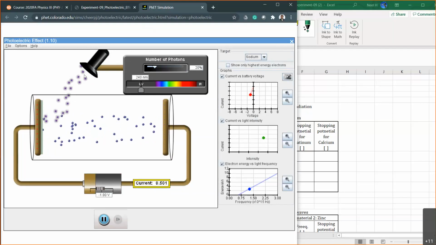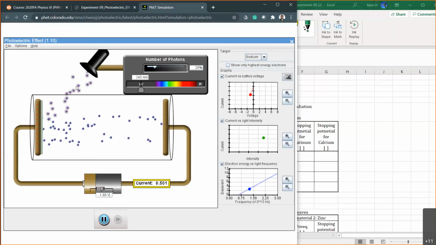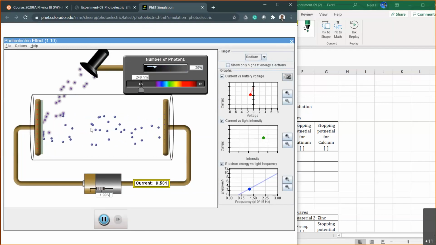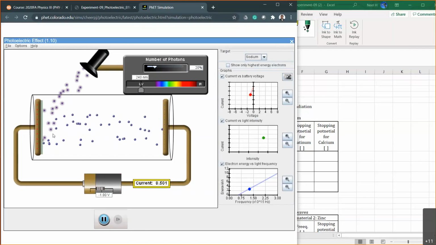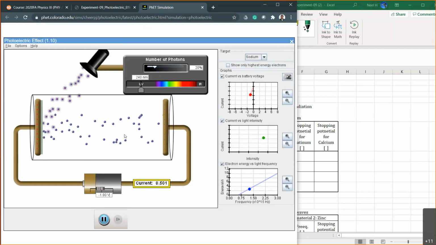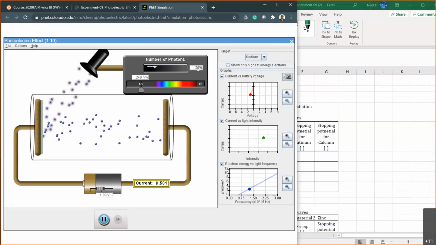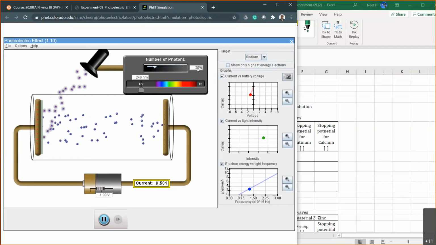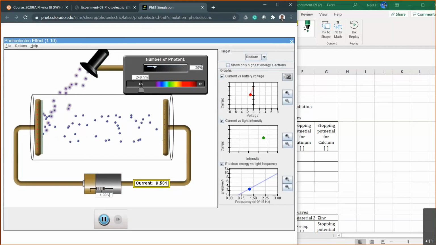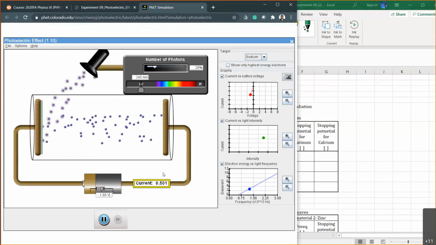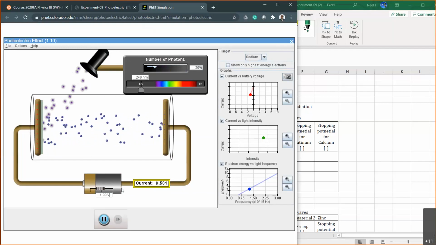Now this particle on the top coming from the light bulb is the photon, and the blue ball going between the electrodes is the electron. Now you can see the percentage is not changing. The problem earlier was that if that changed, I couldn't do this part of the experiment.